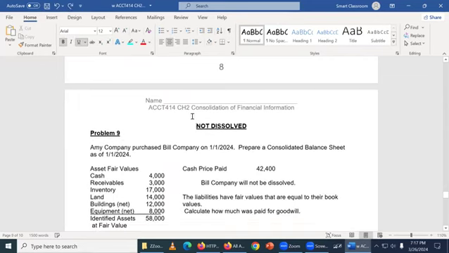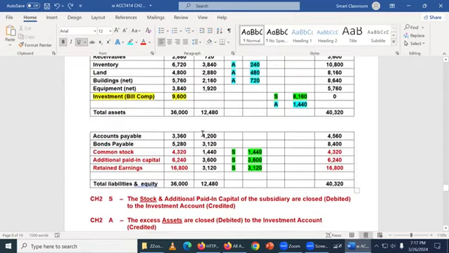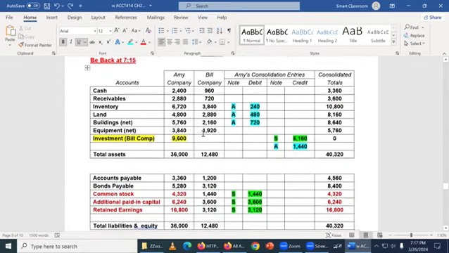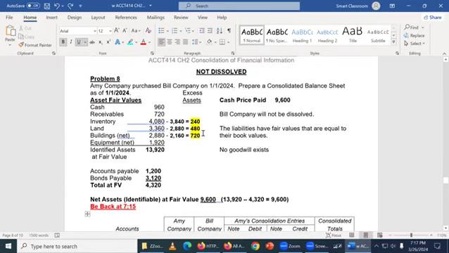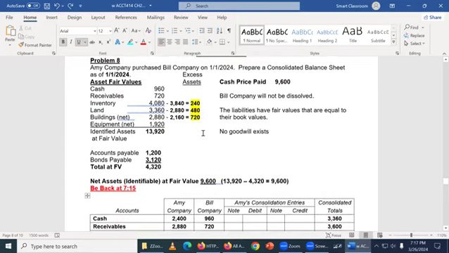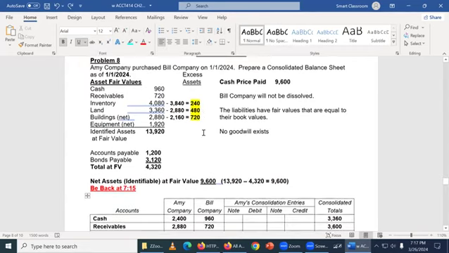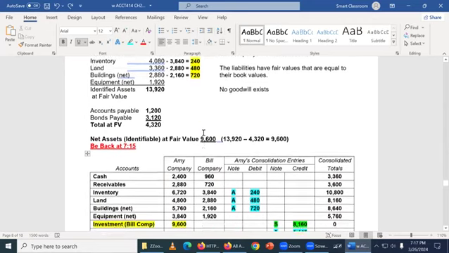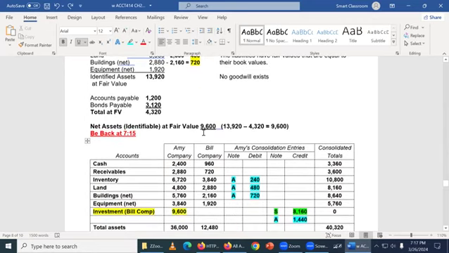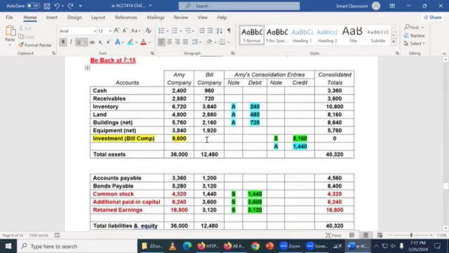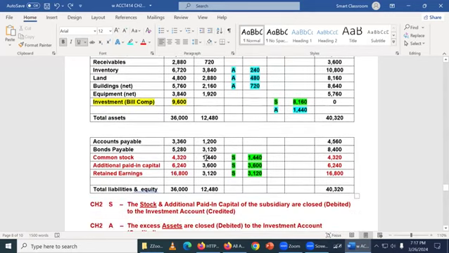I have a question for you. In problem 8, it says that cash was paid for the purchase. Then why is the adjustment to stock and retained earnings when it's consolidated?